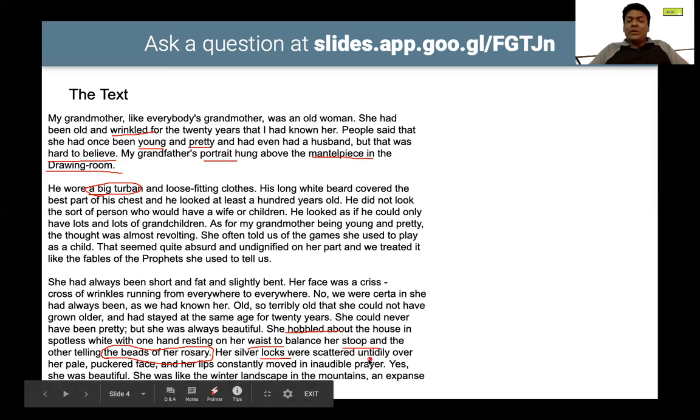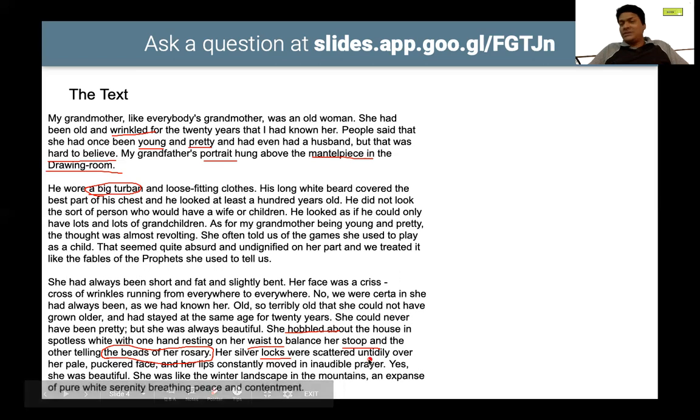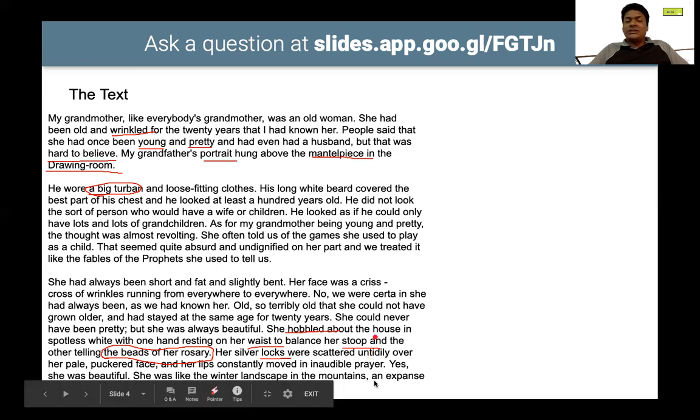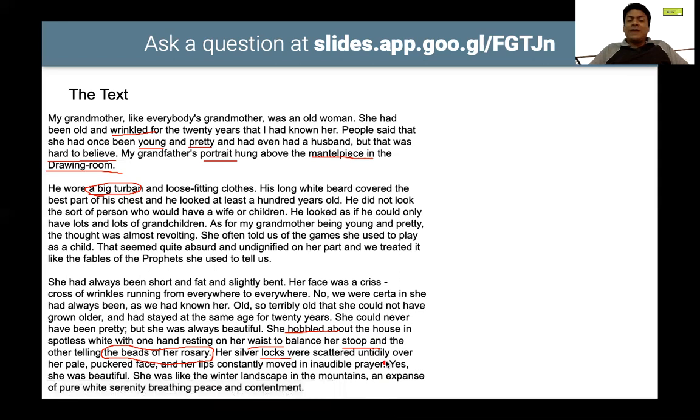She was like a winter landscape in the mountains, an expanse of pure white serenity, breathing peace and contentment. So the author is comparing her beauty with what?